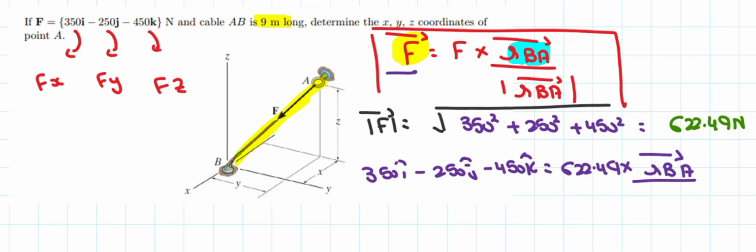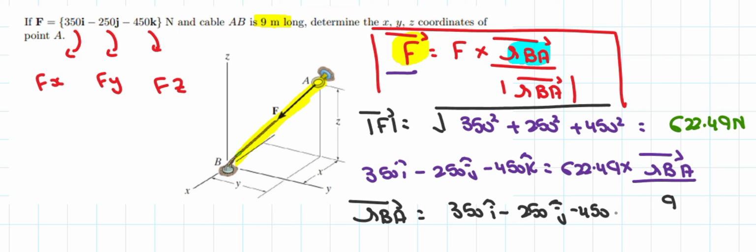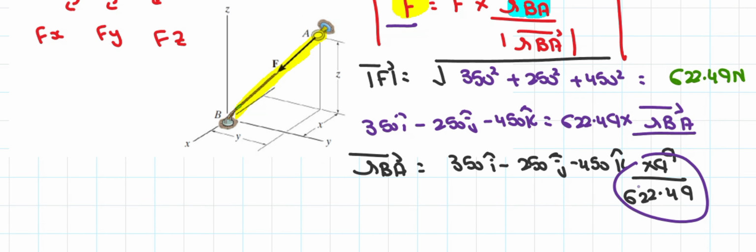According to the question, that is 9. So r_BA is equal to 350i minus 250j minus 450k into 9 and divided by 622.49. So multiply 9 upon 622.49 to the individual terms present here.